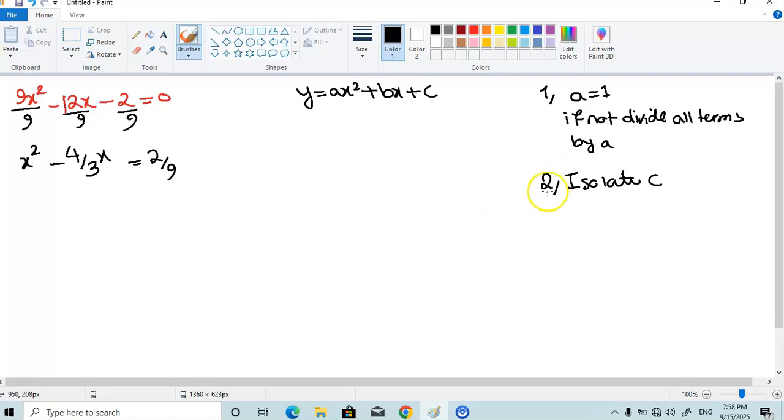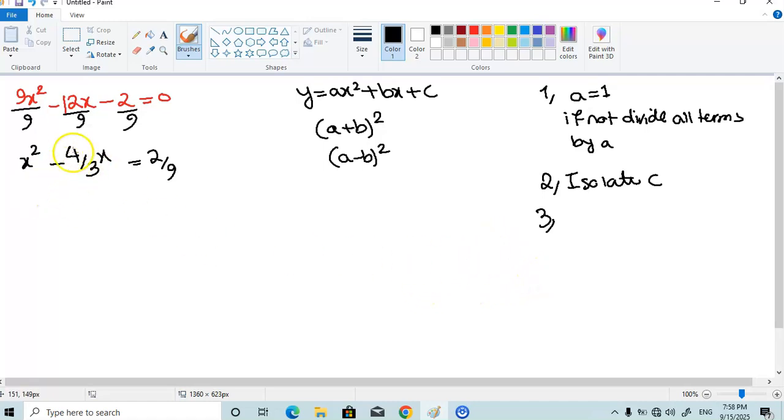So after this, you are supposed to complete the square, meaning you're supposed to make one of these special cases here, perfect square binomials. So either this or this. How can you make that? By adding b over 2 to the power of 2 to both sides.